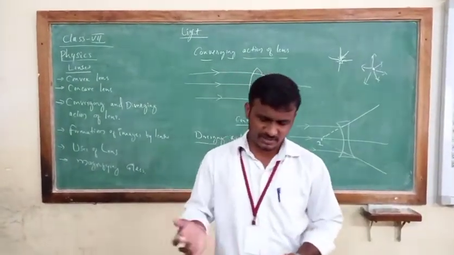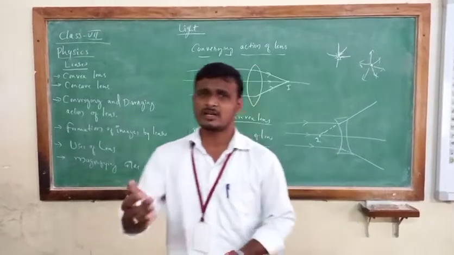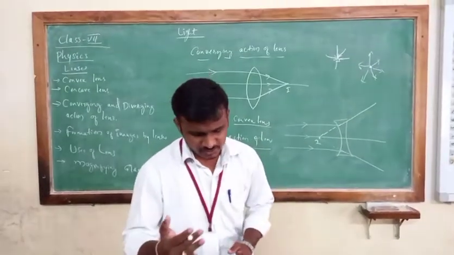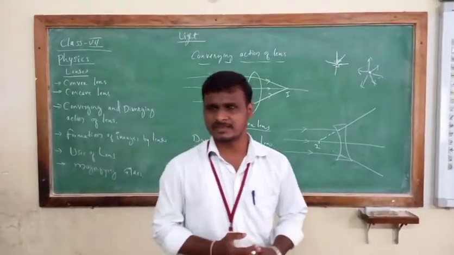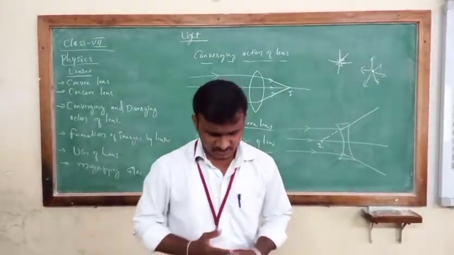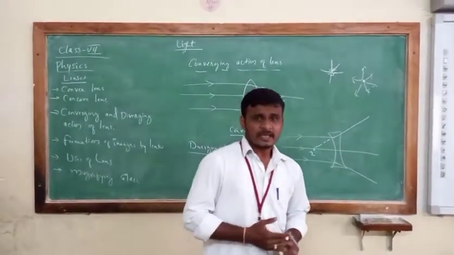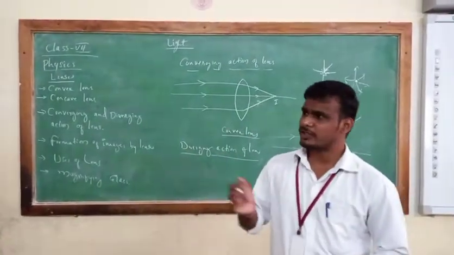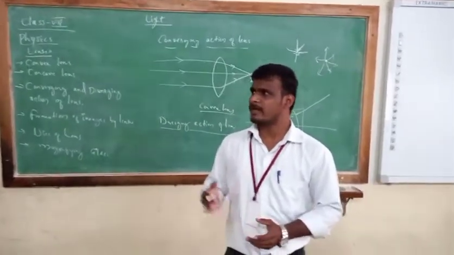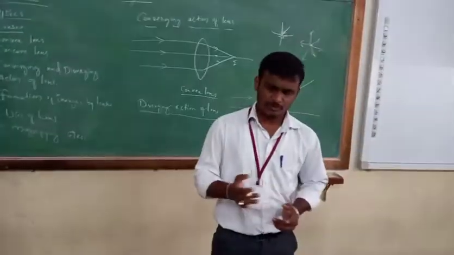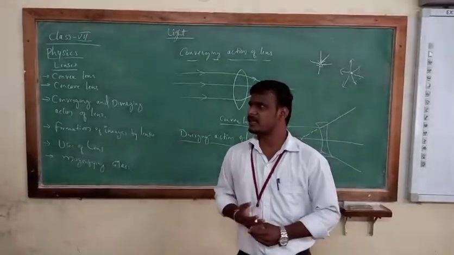Convex lenses are used in simple microscope as well as compound microscope, right? A microscope is a device through which we can see smaller objects or organisms. Next, in camera and projector also we use convex lenses.